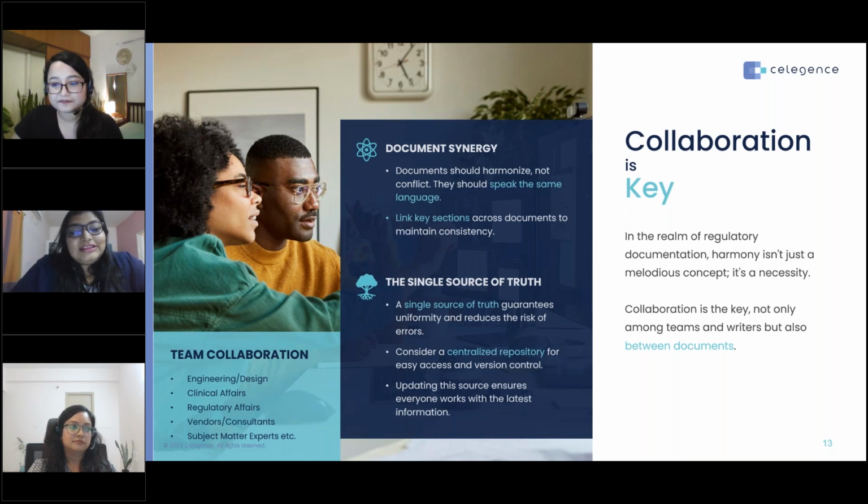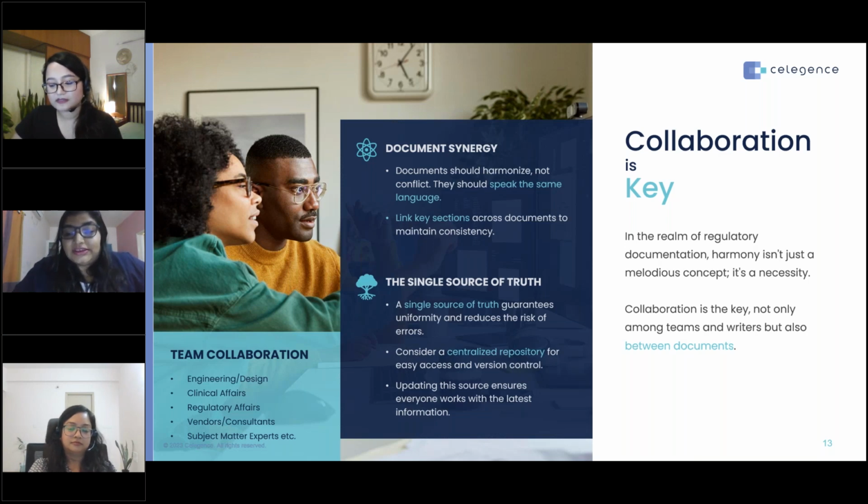Absolutely. Not that this was not a necessity before, but especially with the advent of MDR, it is now quite impossible to work in silos. It's been evident for a while now that if you are a medical device manufacturer, there are so many different teams that are involved in the entire medical device life cycle.